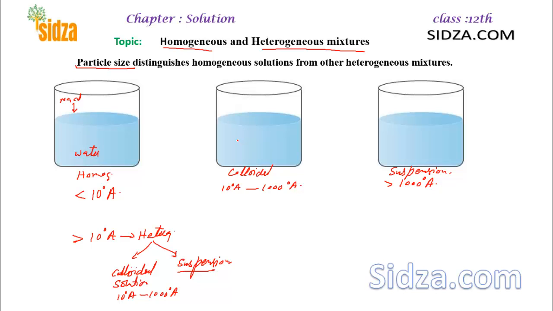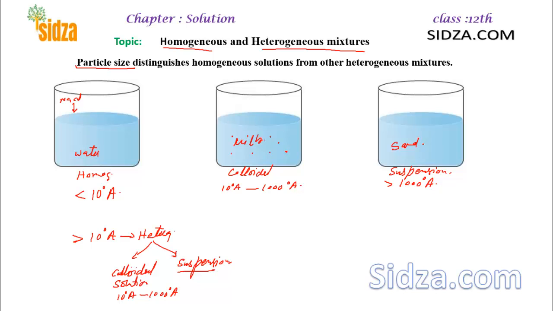Example, we can see milk here. The particle size is a little bit bigger, but you can't see these solute particles with your eyes, though you can see them under a simple microscope. In a suspension, an example is muddy water or sand water.